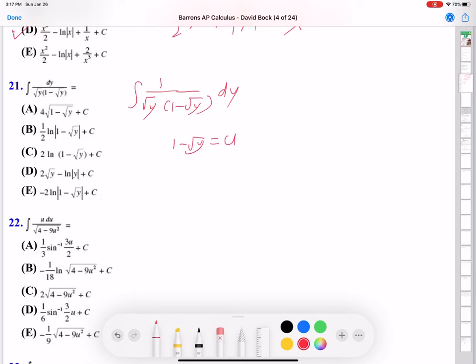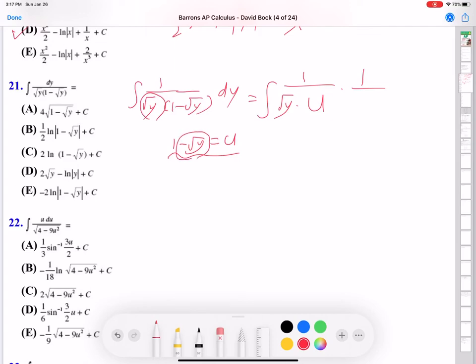Then you change the integral; 1/√y, never change it, just leave it there. And then you just substitute u for this part, and change dy to 1/u prime. The u prime part is 0 minus √y derivative.